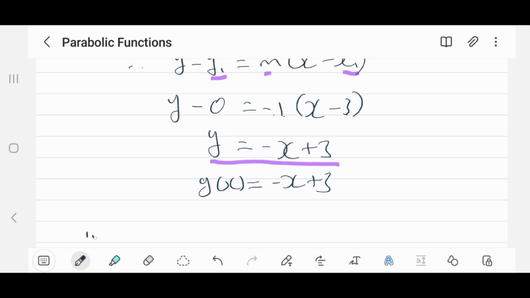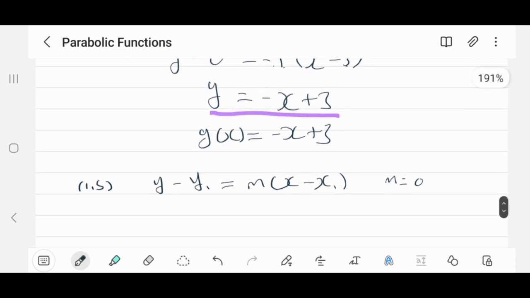So that is 1.5. y minus y1 equals m times x minus x1. So we have the gradient is 0. We have point C, which is (0, 3). So we substitute it. Remember I said we substitute here, here, and here.